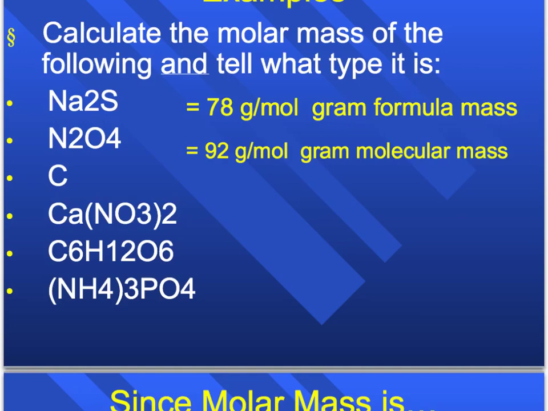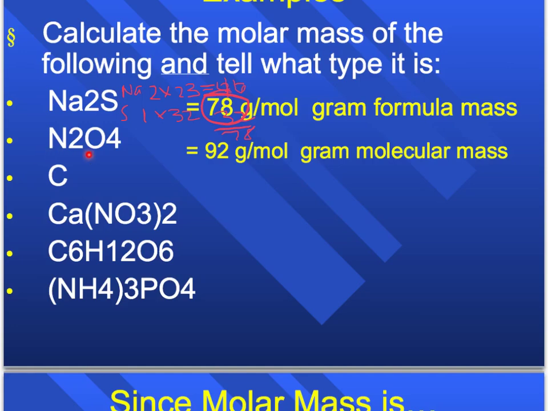Let's review how to calculate the molar mass. I've got 2 sodiums times 23, and then I have 1 sulfur times 32. So 2 times 23 is 46, plus 32 gives us 78, and that's the total that we're seeing right there.